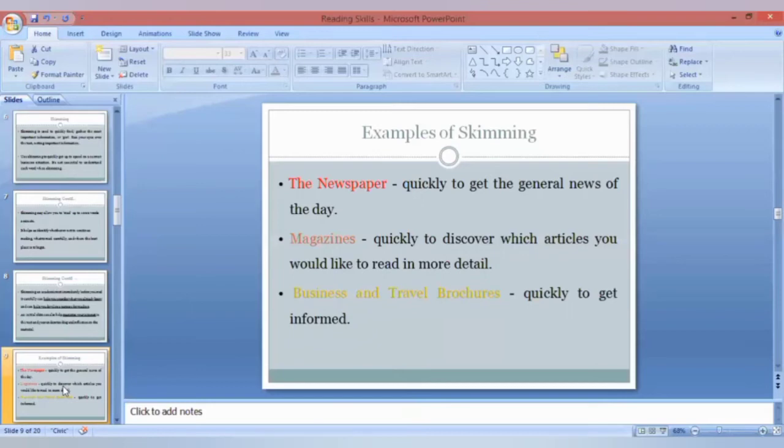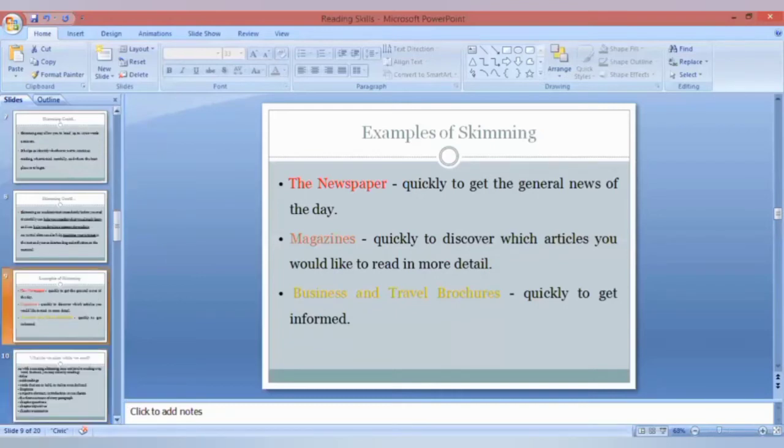So you just go through the contents, the different chapters given in the contents section of the magazine, and you see which article is of interest and you would like to read in more detail. The third one is business and travel brochures. Here again, you quickly try to get yourself informed by skimming business and travel brochures.